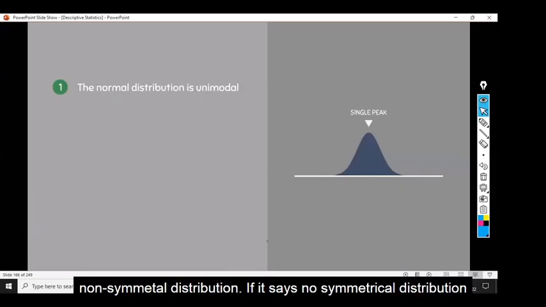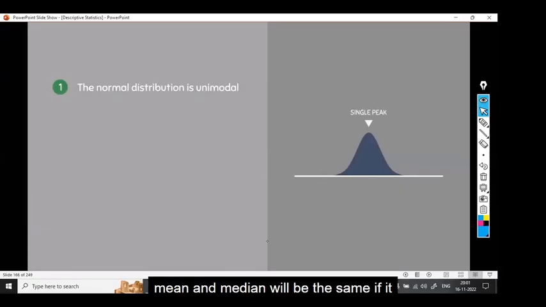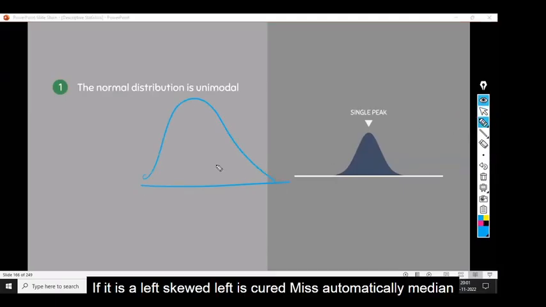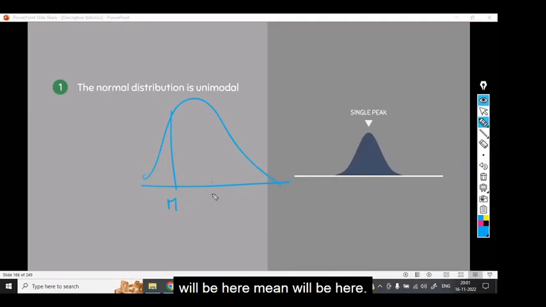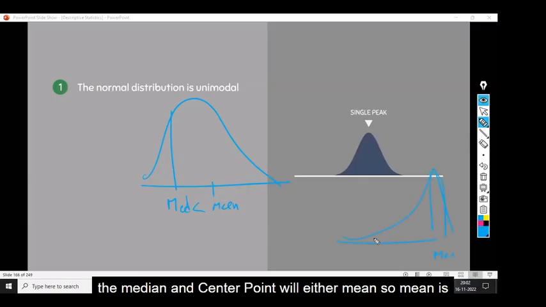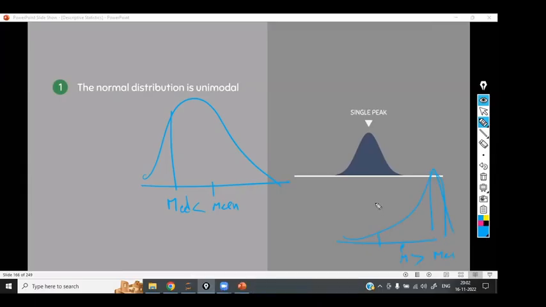If it is a symmetrical distribution, mean and median will be the same. If it is left skewed, automatically median will be here, mean will be here. So median is less than the mean. If it is right skewed, obviously the median will be here. This is the median and center point will be the mean. So mean is greater than the median.